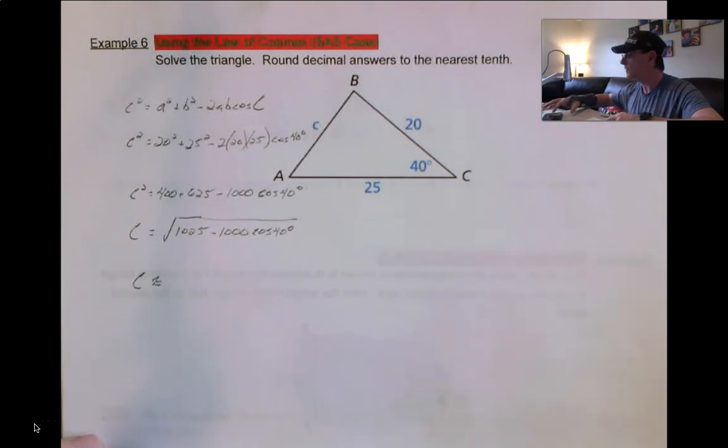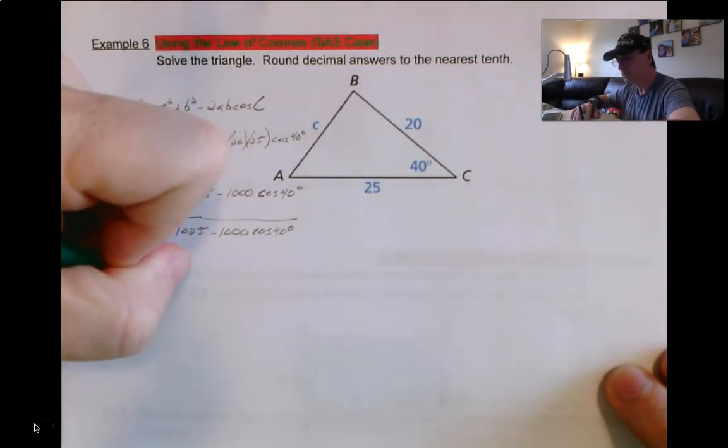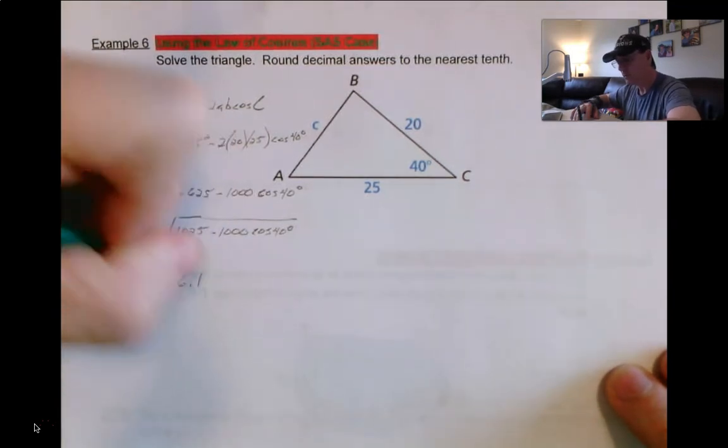So cosine of 40 times 1000. And I have to subtract that number from 1025. I've got a number that looks like 258.955568, okay? And I'm going to square root that. And I get C is approximately equal to 16.1.